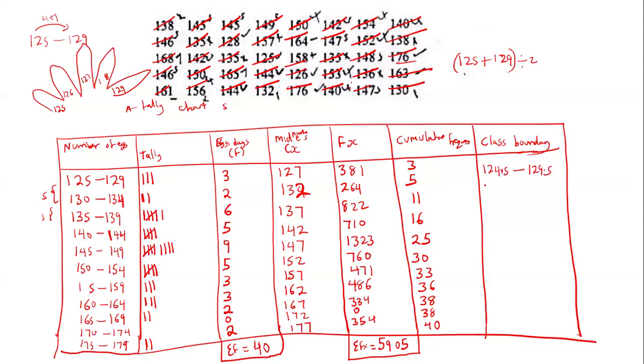The second one is 129.5 to 134.5. Then 134.5 to 139.5, and 139.5 to 144.5.